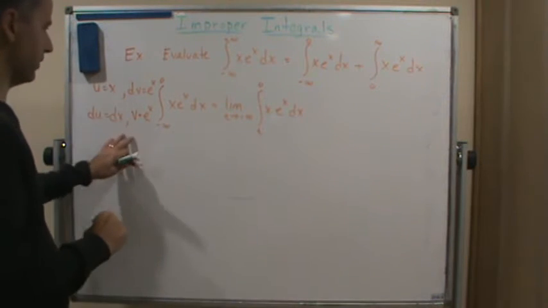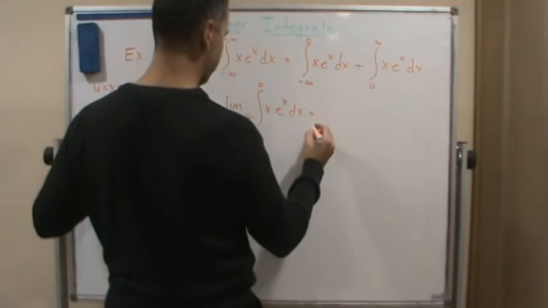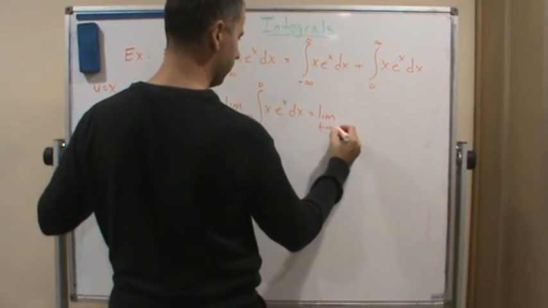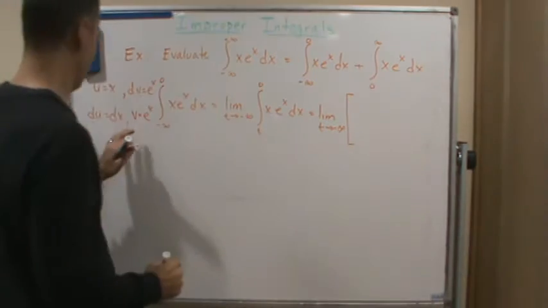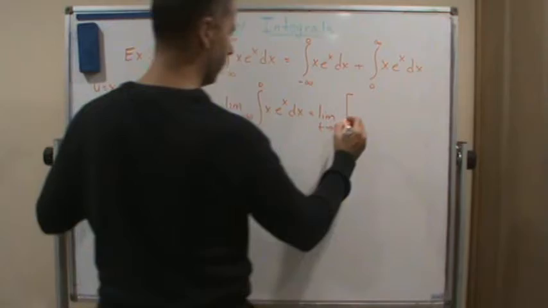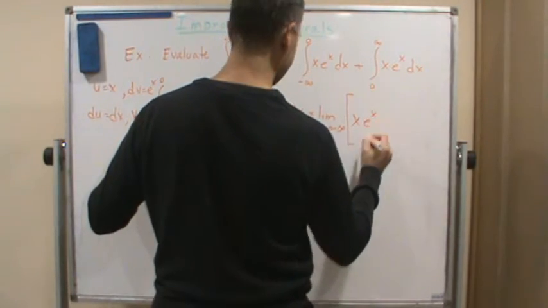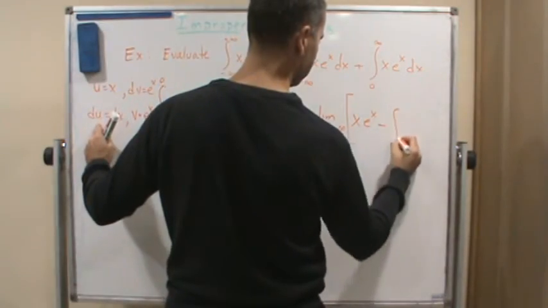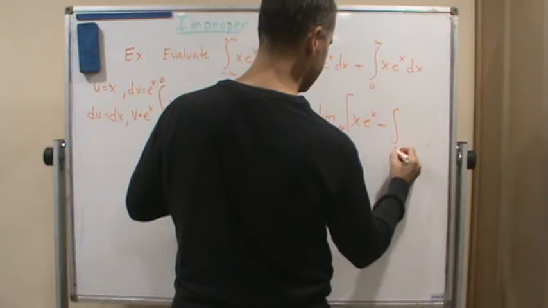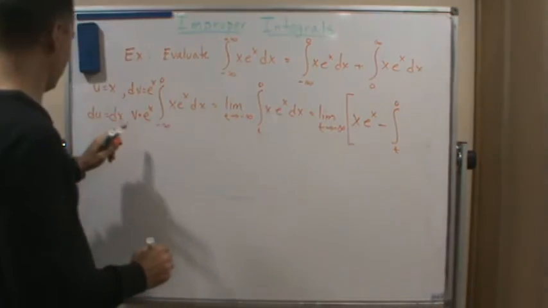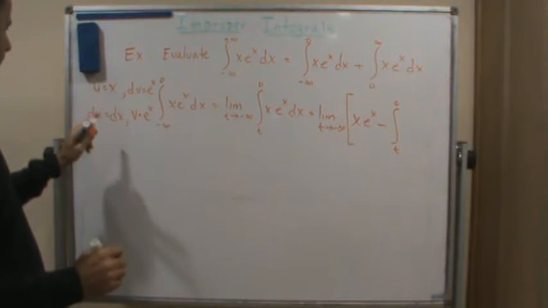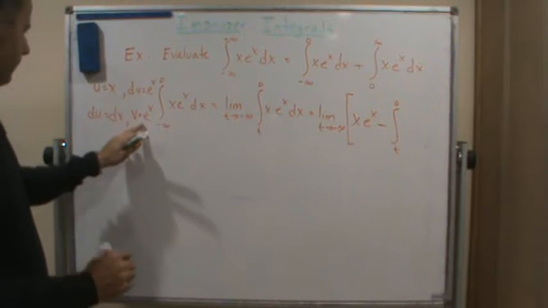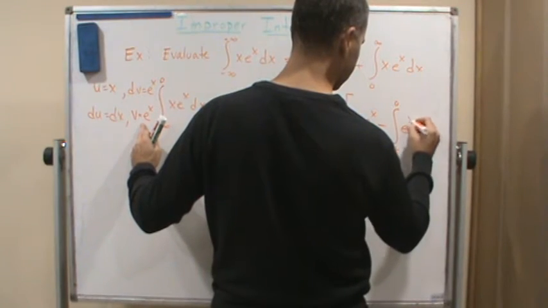Okay, so now let's rewrite this. This is going to equal the limit as t approaches negative infinity of uv, so x e to the x, minus the integral, again from t to 0, of v du, which is just e to the x dx.